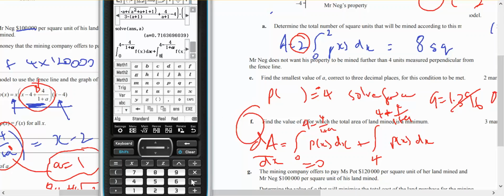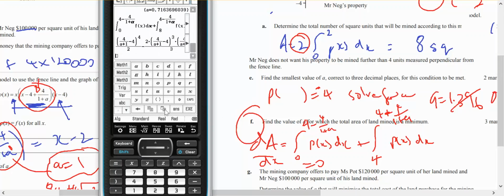There to there of f of x gives that expression with that answer.